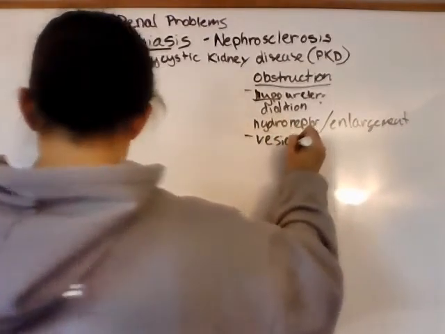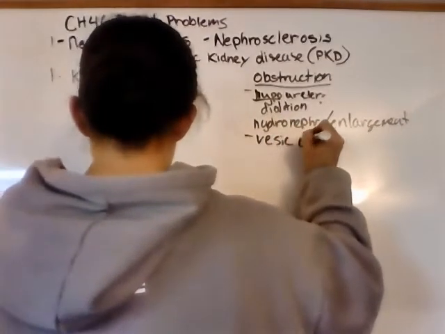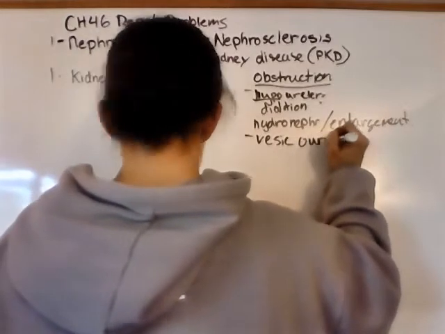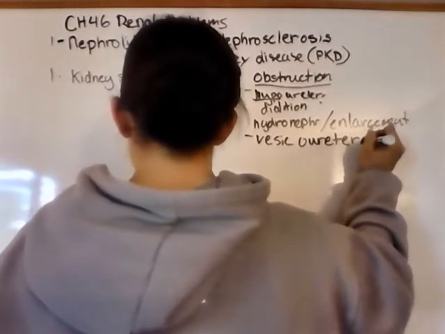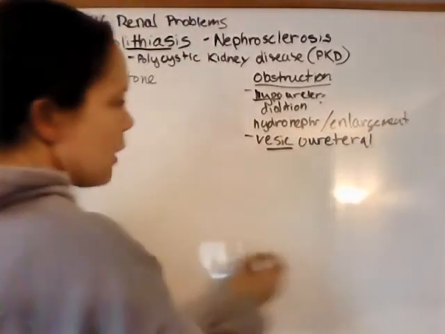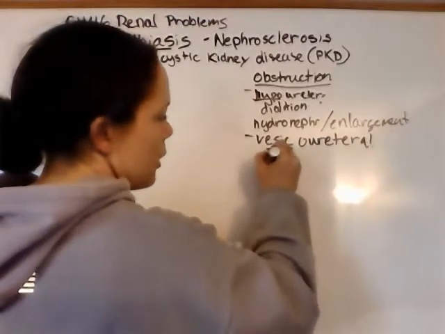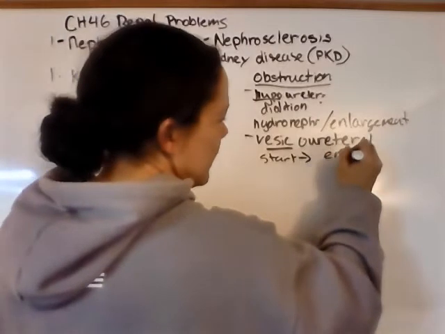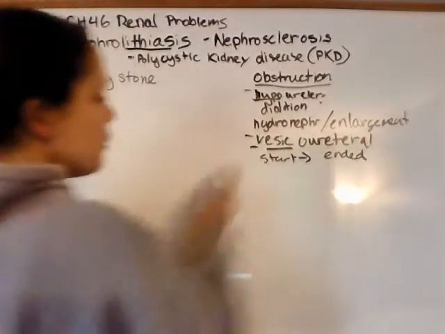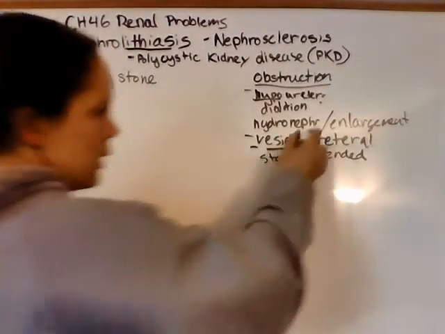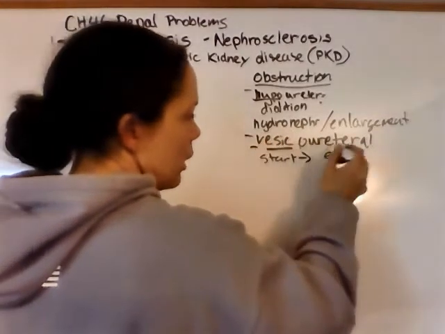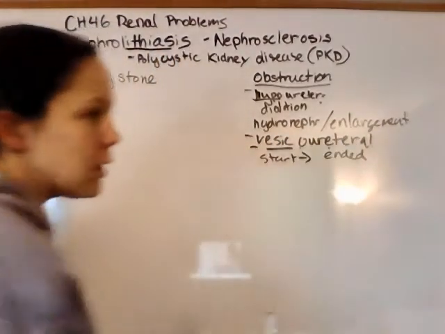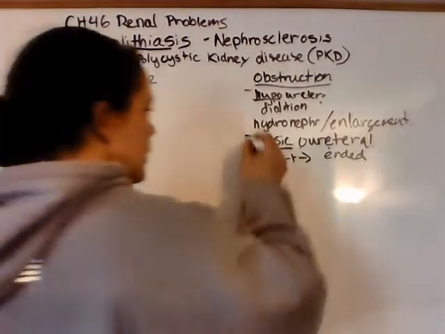I feel like we've probably hit on this, but I'll say it again. Vesicoureteral backflow. So basically this is where I started, this is where I'm going, and this is where I ended. I remember writing it. So vesico refers to the bladder here, and so it's going from bladder to ureter, which is obviously not the correct direction, and that creates issues.